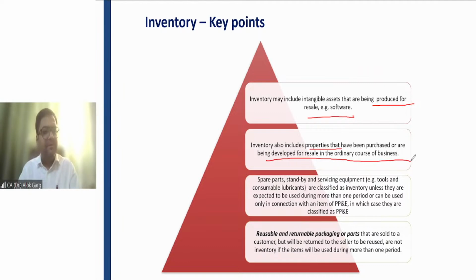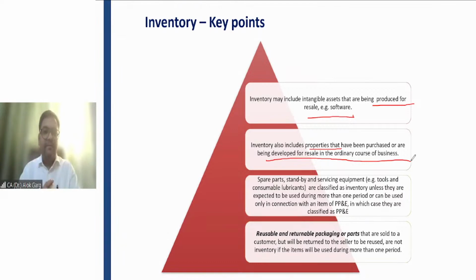So what is the business of these companies? The business of these companies is to buy land and sell the plots of land, to buy properties, develop them and sell them to buyers. So these properties are also inventory for these companies, if held for resale in the ordinary course of business.